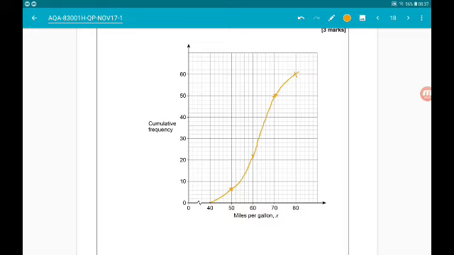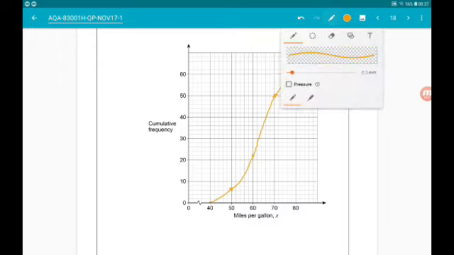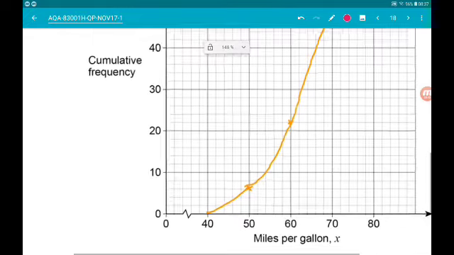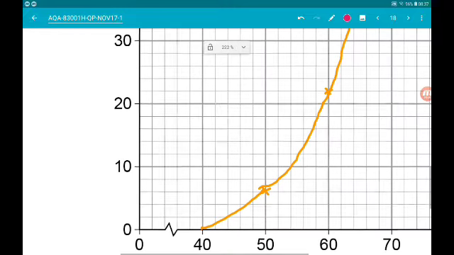So, given that our data had 60 in total, our lower quartile is going to be 60 divided by 4 is 15.